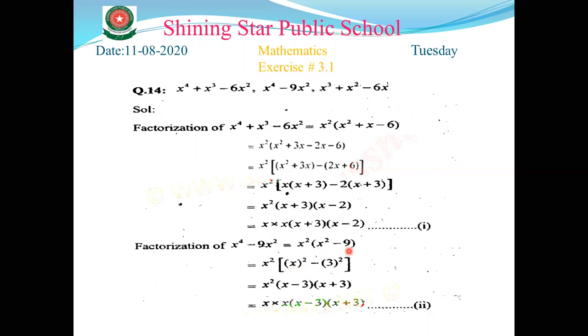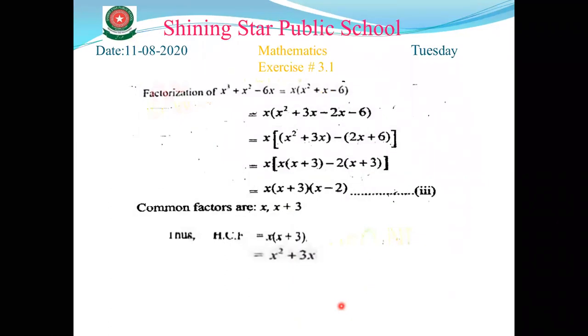So we can write x^2 minus 3^2, which becomes x minus 3 times x plus 3, because according to the formula we write a plus b times a minus b. Now we can write x times x times x minus 3 times x plus 3, which is expression number 2.